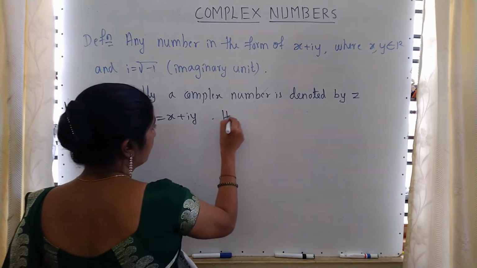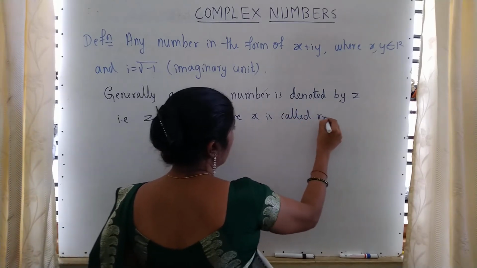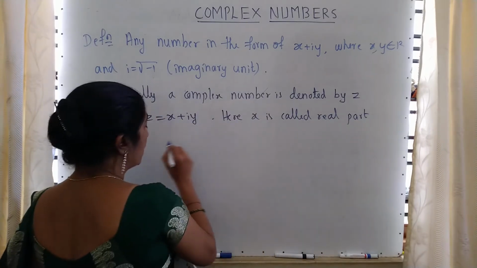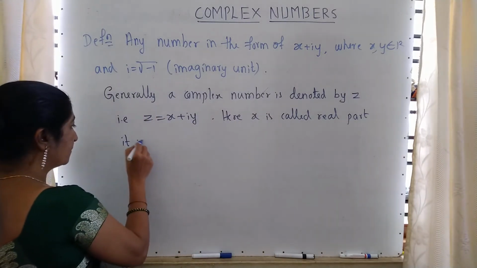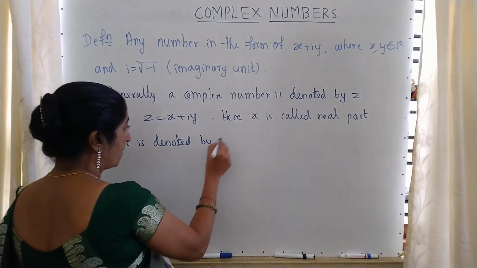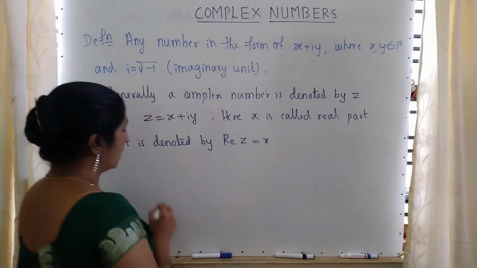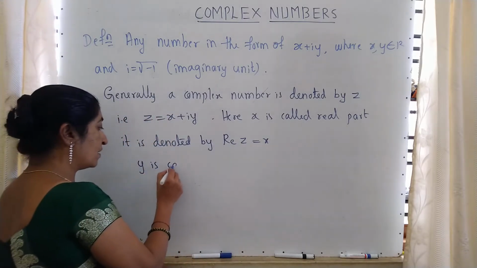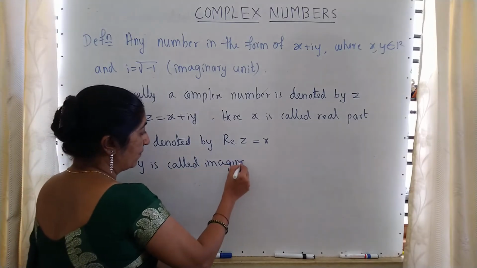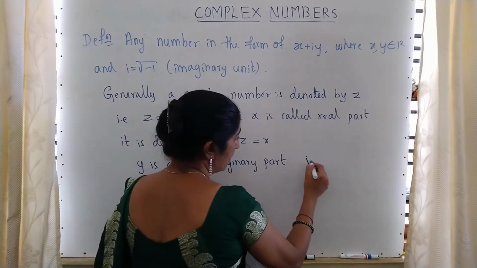Here x is called the real part, that means the term without i. It is denoted by Re of z, that is real part of z is x, and y is called the imaginary part, that is Im.